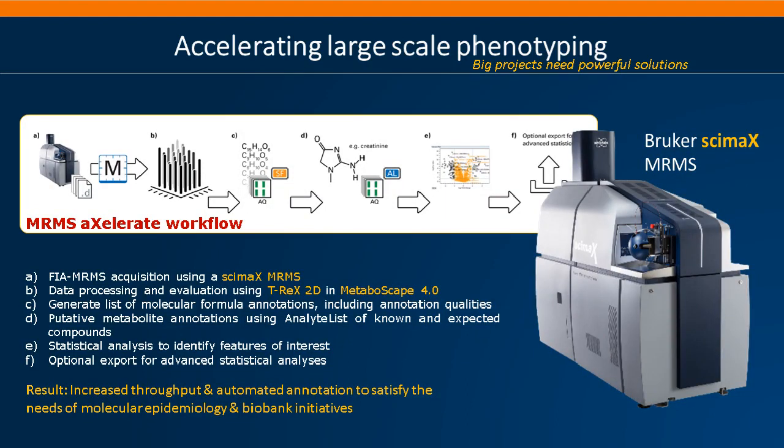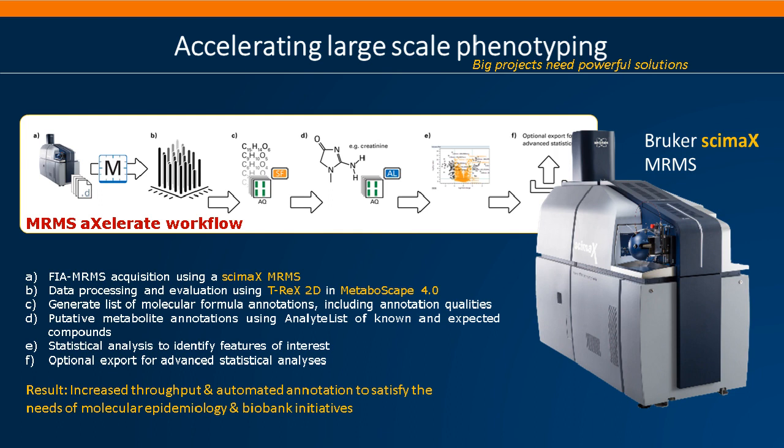Okay, so how to further accelerate this? This is all well and good, but what if we want to tackle very, very large studies? We're going to need an even faster solution. So we've been working with Bruker on their CyMax MRMS system in order to see how we can adapt our protocols and our sample preparation procedures for application on this type of system, and we've been looking at what kind of data we can get out of this system and whether or not we think it's satisfactory for different phenotyping applications.